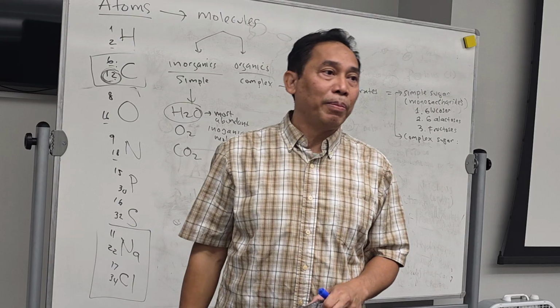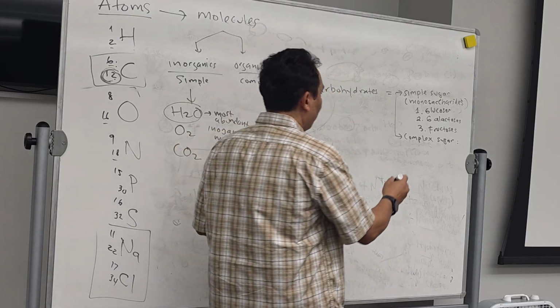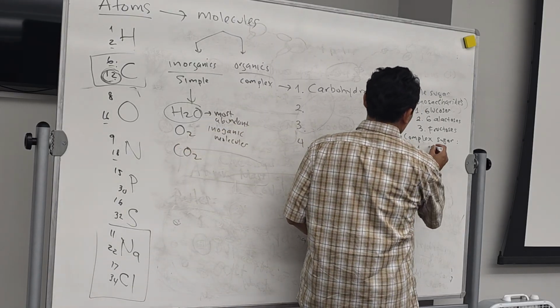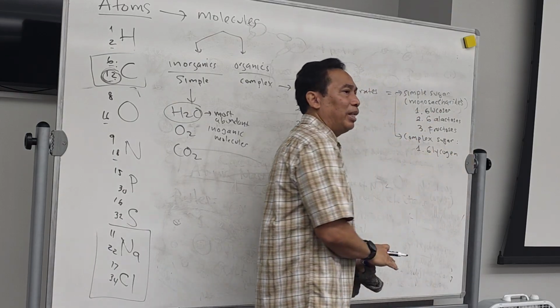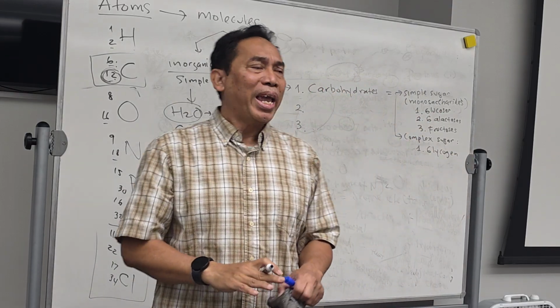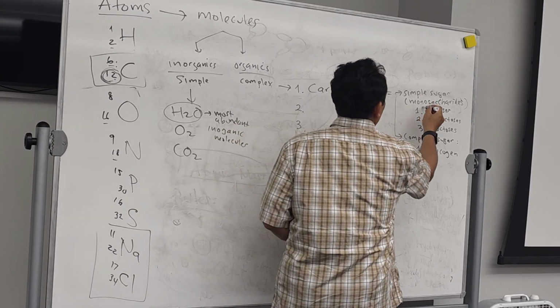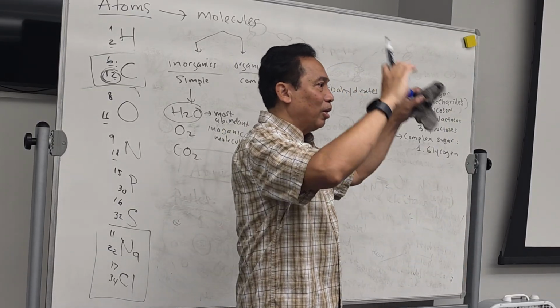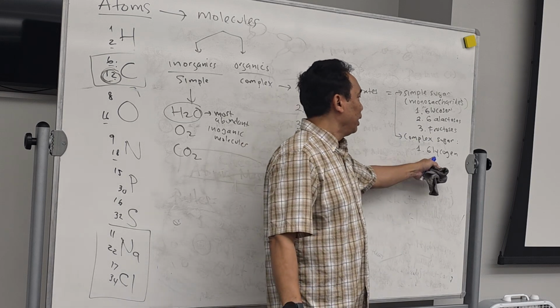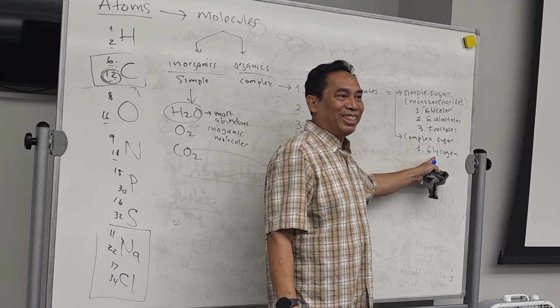Okay, complex sugar. We have a lot of what we call glycogen. This actually consists of many glucoses. So one glucose is one unit, combine thousands of them, and they create what we call glycogen.